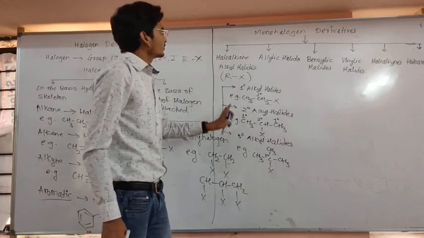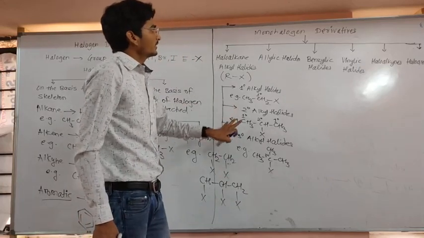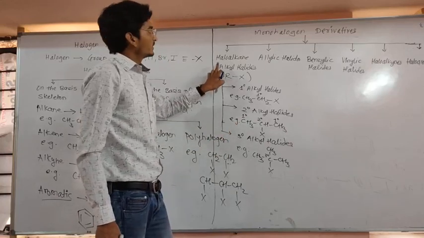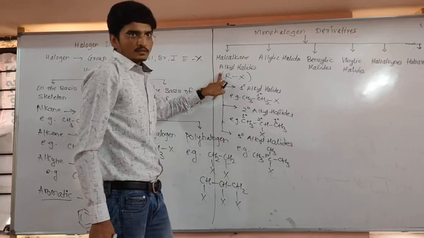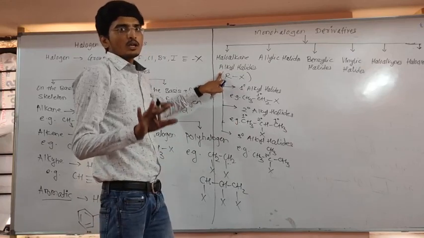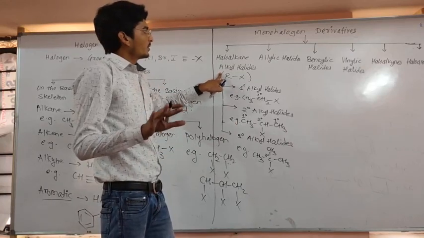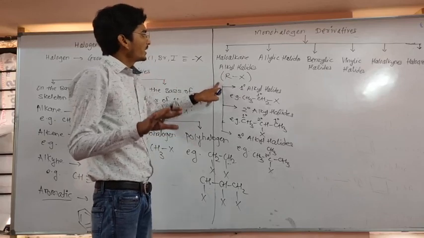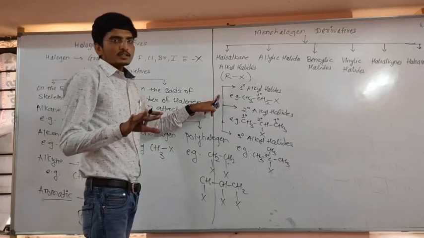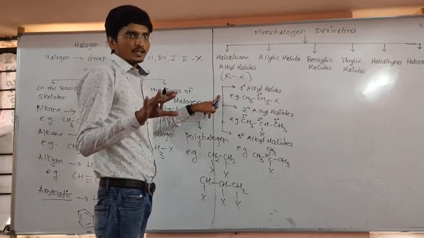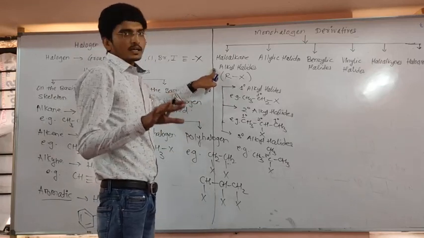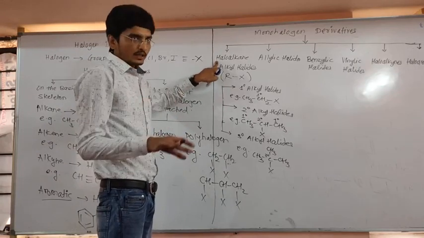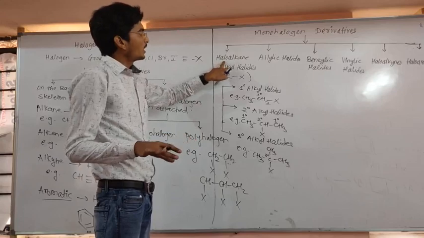Okay, so this is about the alkyl halides and their classification. Again, what is meant by alkyl halides? When one hydrogen atom of an alkane is replaced by one halogen atom, then the corresponding compound is called alkyl halides. Sometimes it is called halogen derivative of alkane, sometimes it is called haloalkane.